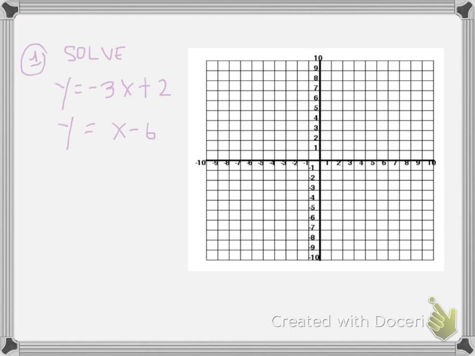Okay, so let's solve this system of equations by graphing. They're both in the y equals mx plus b form, so we're going to plot our y-intercept. I'm going to take the first one and plot my y-intercept, which is at a positive 2.